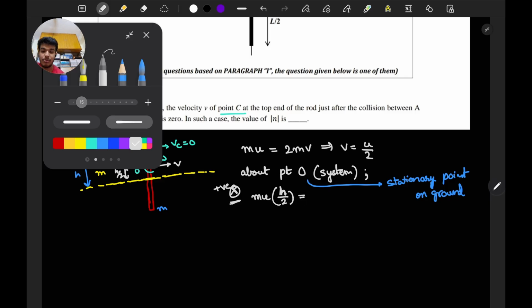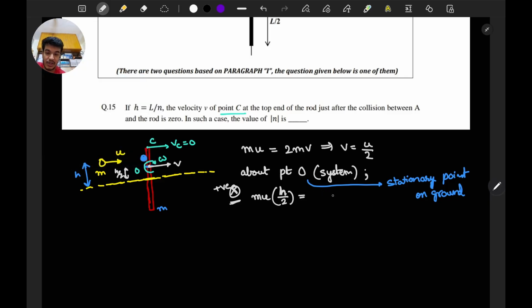Okay, so mu into h by 2 must be equal to the moment of inertia into omega. The moment of inertia here is m(h/2)^2 plus m(h/2)^2 plus ml^2/12, into omega.